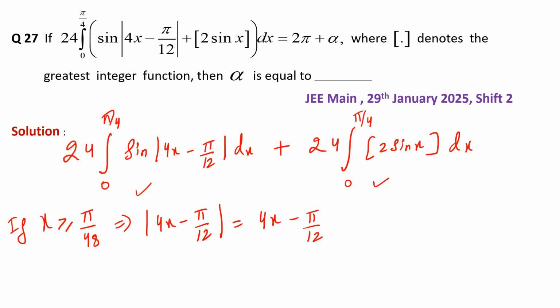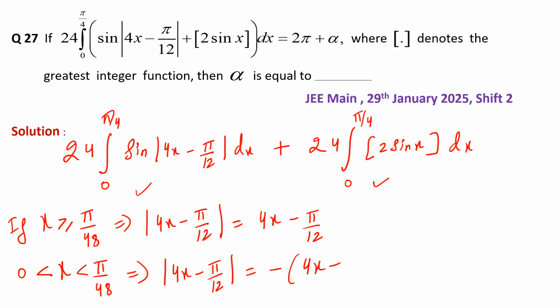right? And when x is greater than 0 but less than pi upon 48, then mod of (4x minus pi upon 12) will be equal to minus (4x minus pi upon 12).